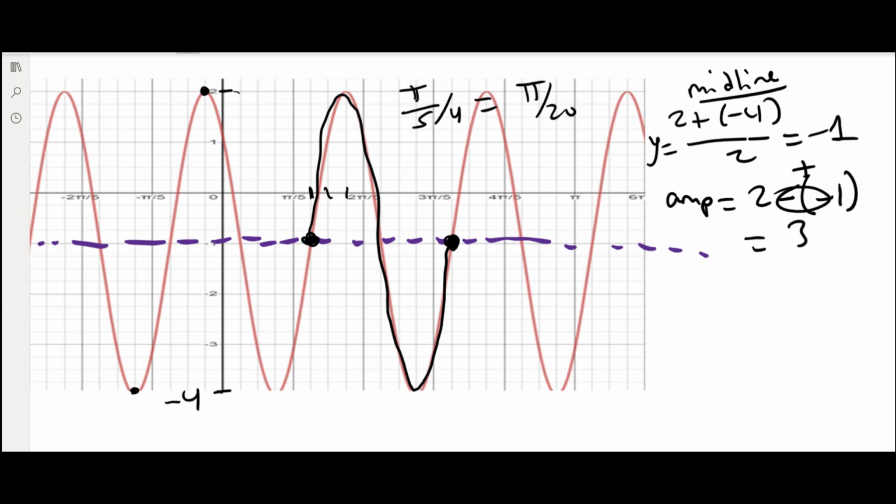That means pi over 20, 2 pi over 20, 3 pi over 20, 4, 5, 6, 7, 8 pi over 20. So that distance right there is 8 pi over 20, which reduces, if you divide by 4, to 2 pi over 5. So that's saying that the period is 2 pi over 5.